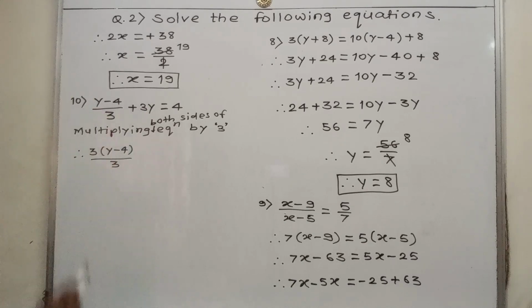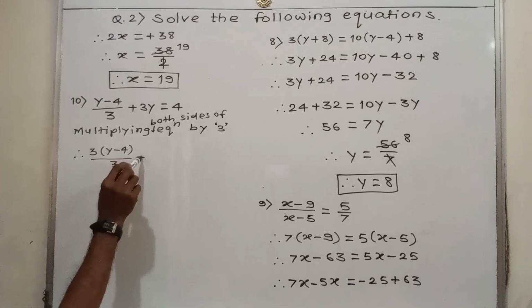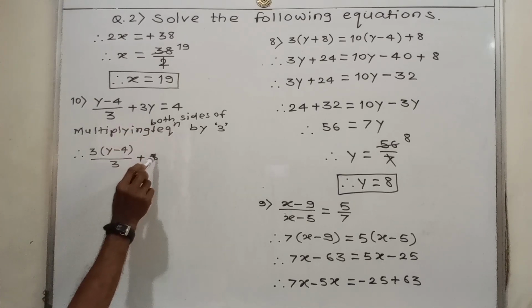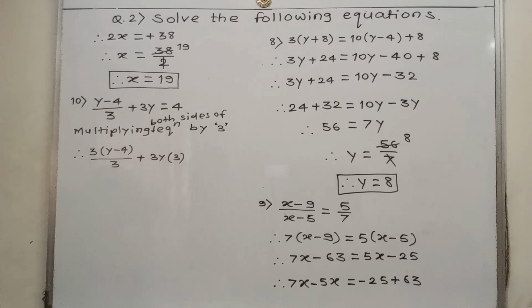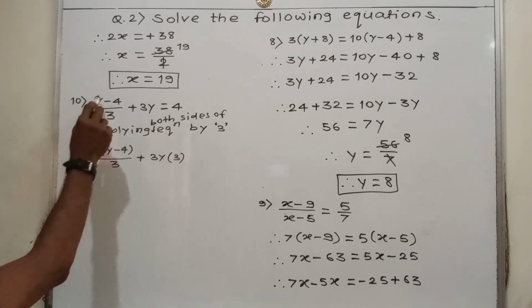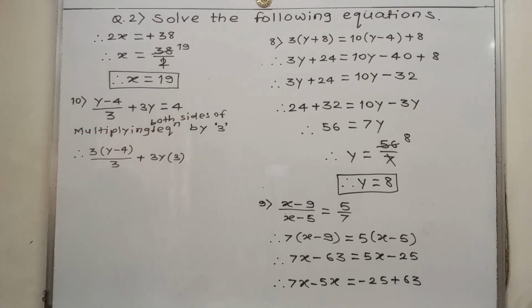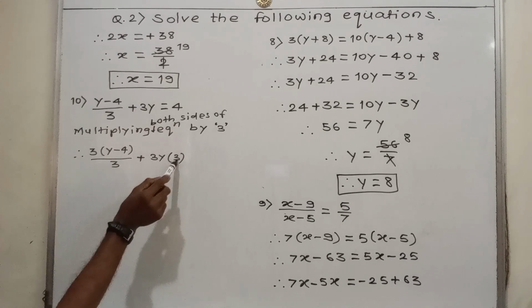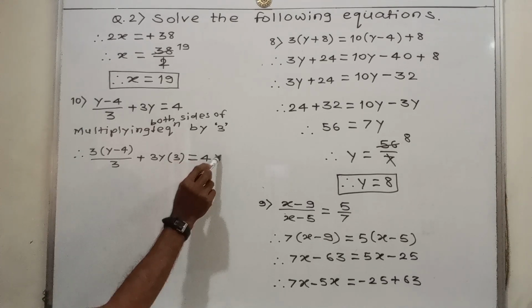We multiply each and every term by 3, plus multiply this. Yes, we multiply each and every term, this and this, all three terms by 3. 4 into 3.